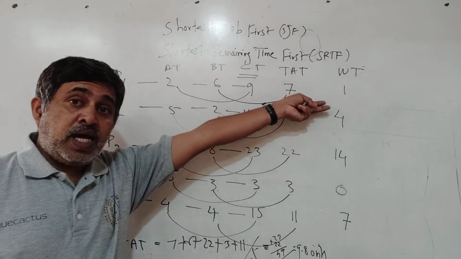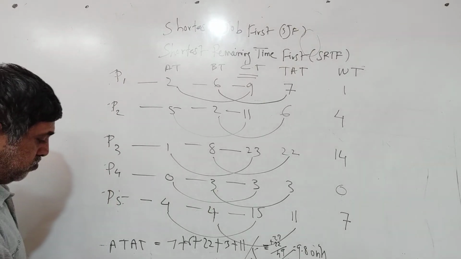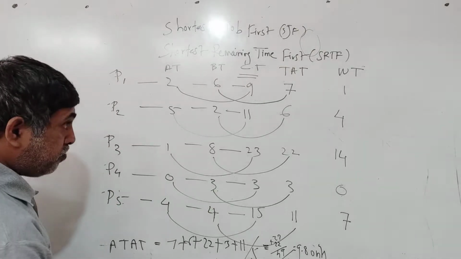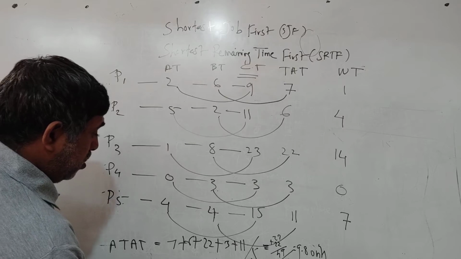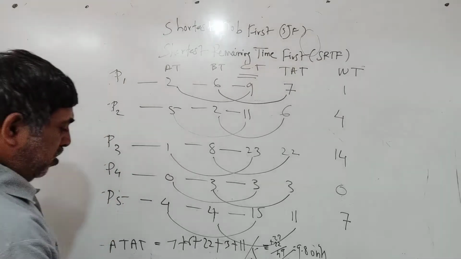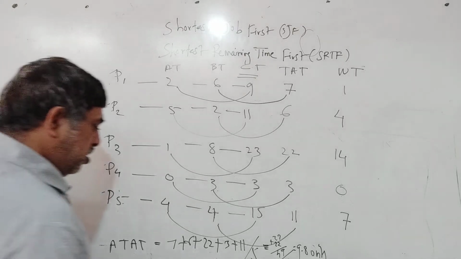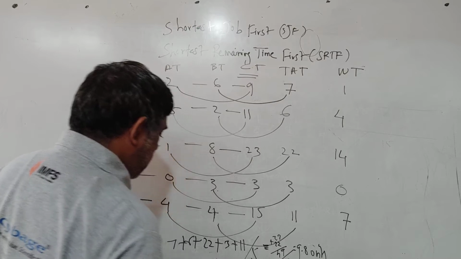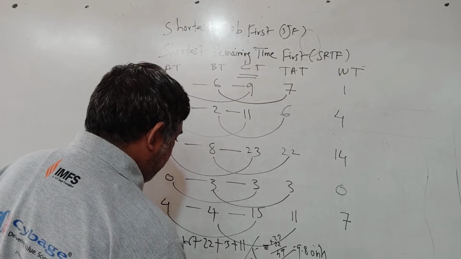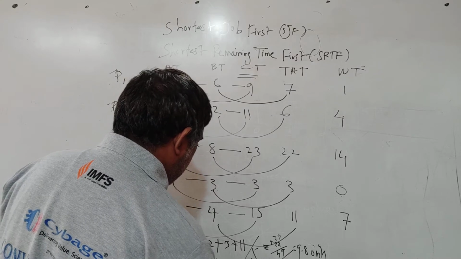And average waiting time, how to calculate? Again the same: 1 plus 4 plus 14 plus 0 plus 7 divided by 5. Again how much does it come out to be? 15, 19 plus 7, 26 divided by 5. This is 5.2 units.